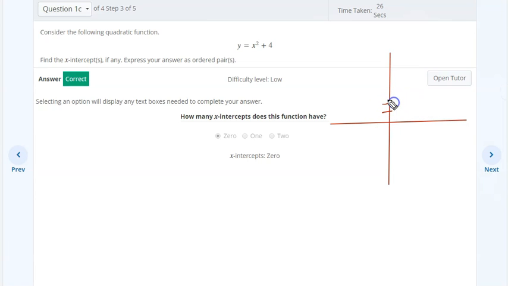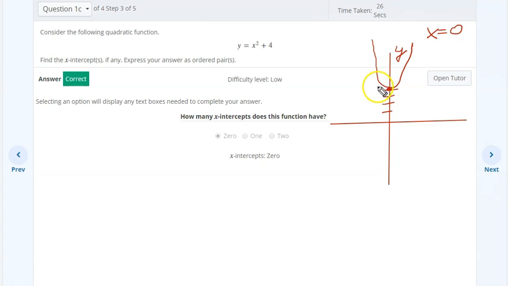So 1, 2, 3, 4. Put a dot there. Dots now are very easy to make. And our a term here is a positive 1. So this parabola is going to look like so. Again, the axis of symmetry is x equals 0, which is actually the y-axis.